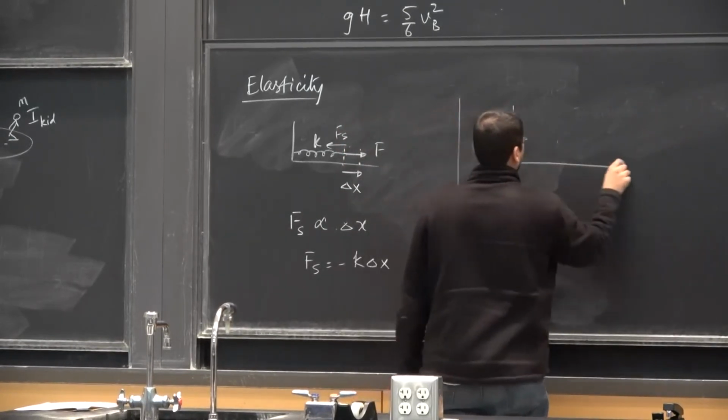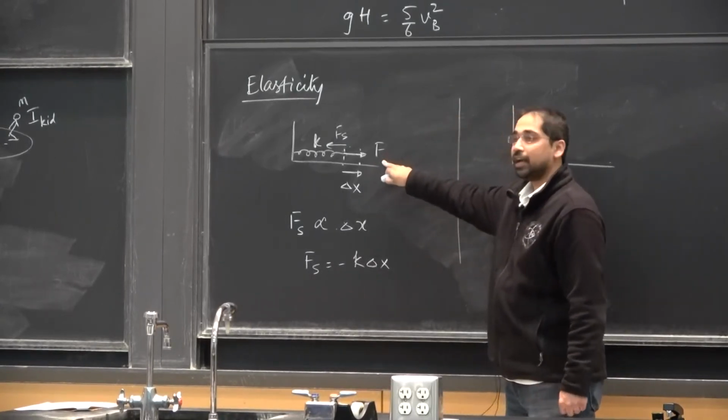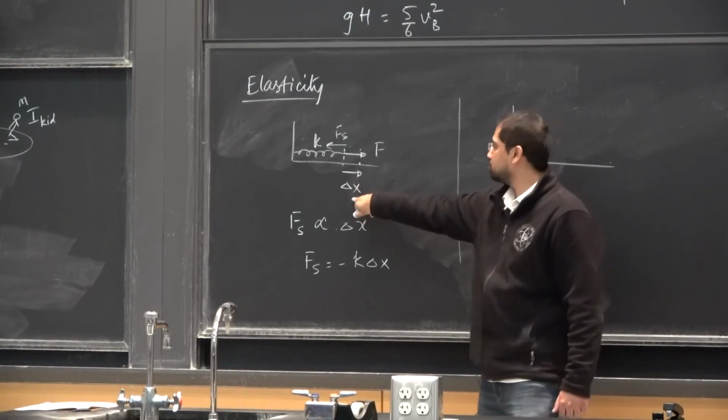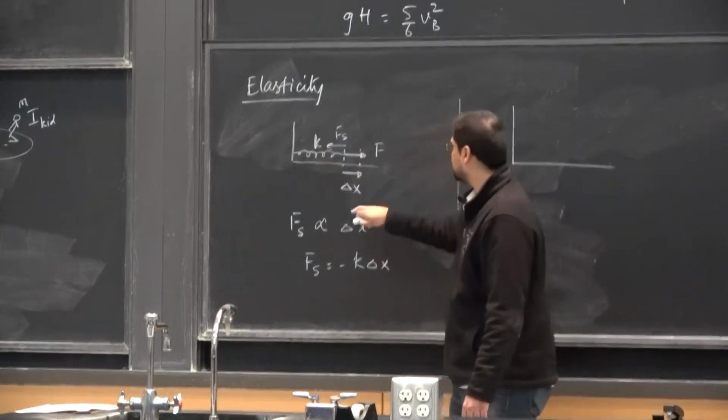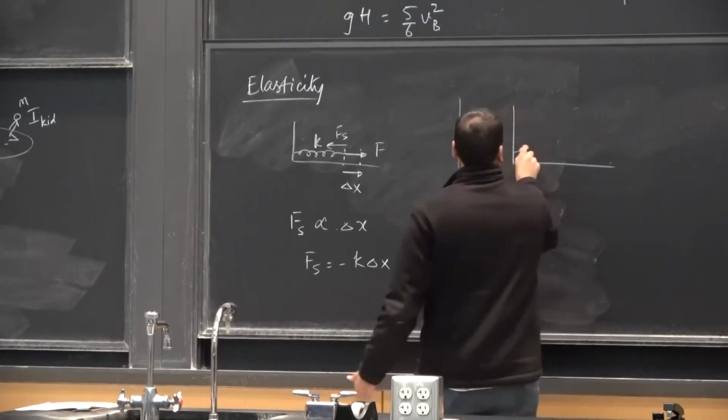What would happen if I take the same amount? So let's say I apply a force F, and the spring here, some spring constant K, stretches by some delta x. It stretches a certain distance.